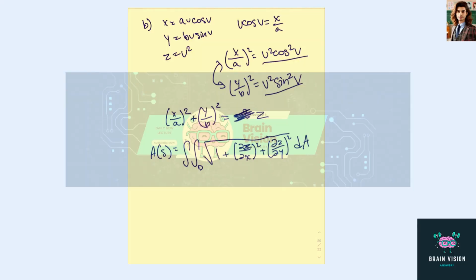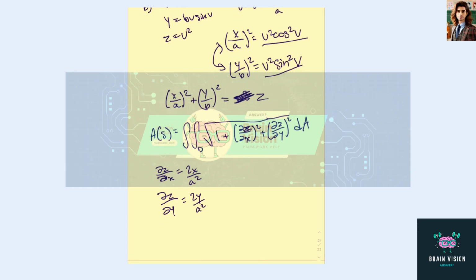Using what we know about them already, we see that dz/dx will be 2x over a squared, and dz/dy equals 2y over b squared.